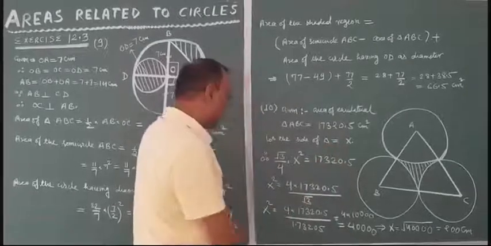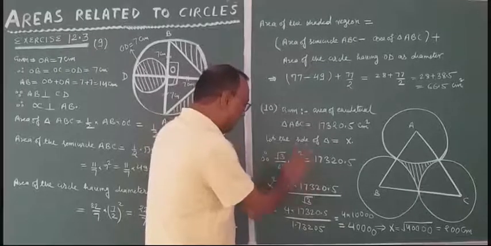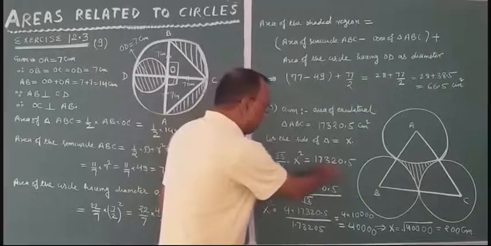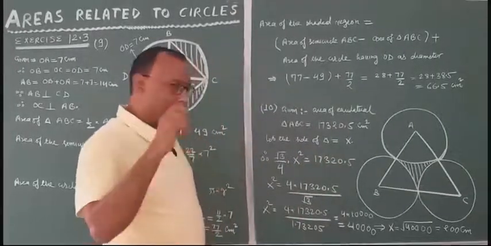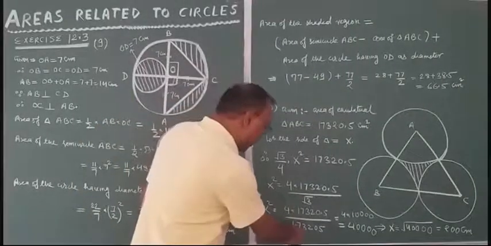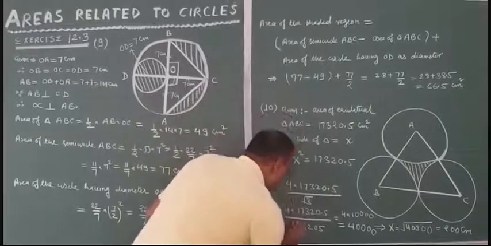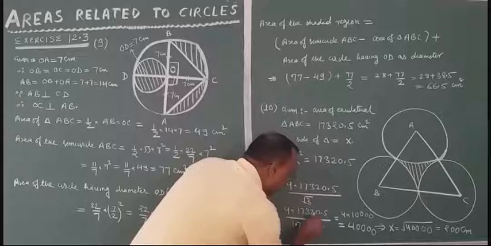17320.5. Therefore x square will be, this 4 will be multiplied here and √3 will divide. So x square will be equal to 4 into 17320.5 divided by √3, and √3 is given in the question as 1.7325. When you divide these two, you will get 10,000.